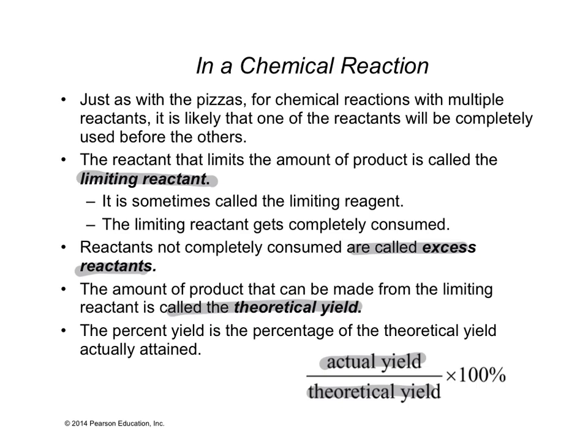Okay, so we went from pizza. Now we're going to apply this to real chemical reactions, but we're going to start at a little basic state. So we're going to start in terms of molecules, okay? We're not going to deal with masses or moles or anything like that.